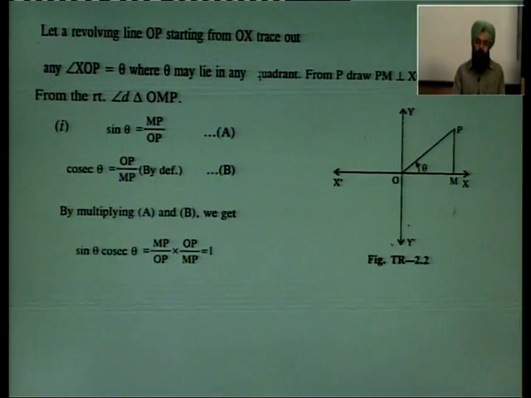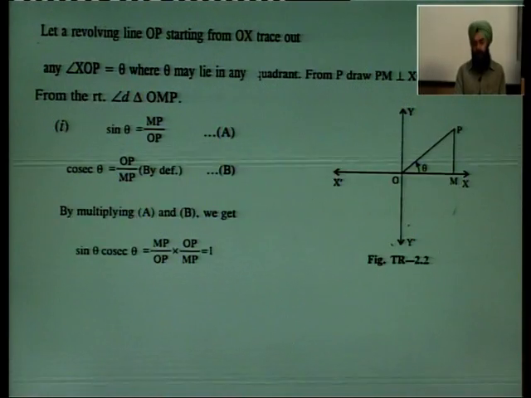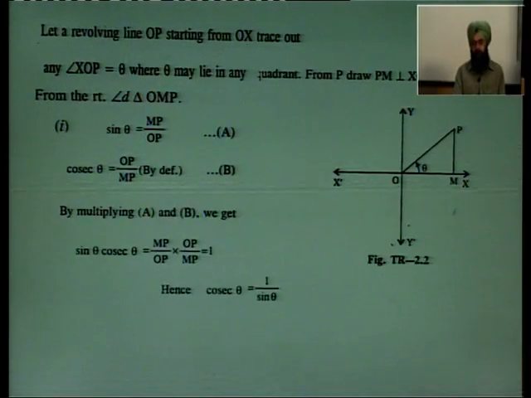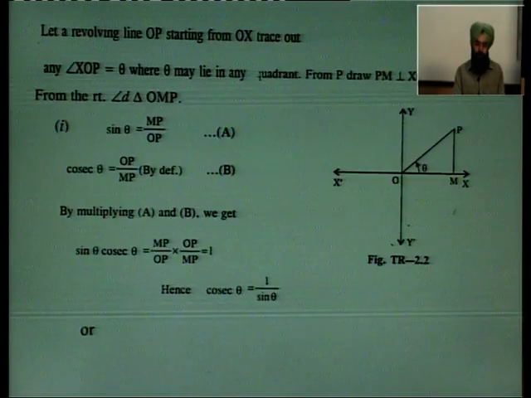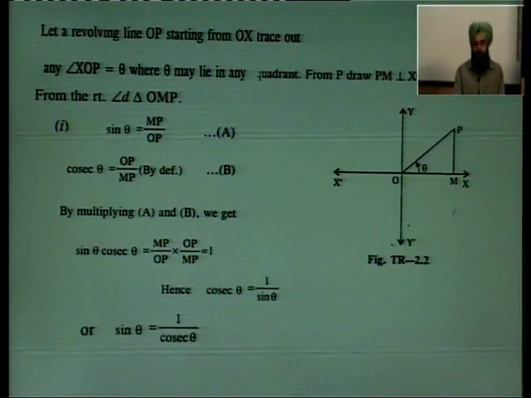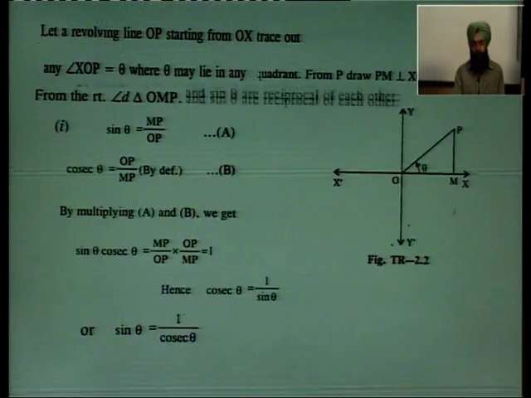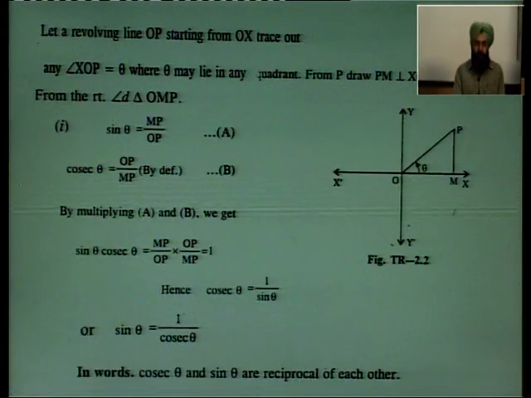So, this shows that sin theta into cosecant theta is equal to 1, or we can write cosecant theta is equal to 1 over sin theta. Hence we can prove the first part, that is cosecant theta is equal to 1 over sin theta, or sin theta is equal to 1 over cosecant theta. In other words, cosecant theta and sin theta are the reciprocals of each other.